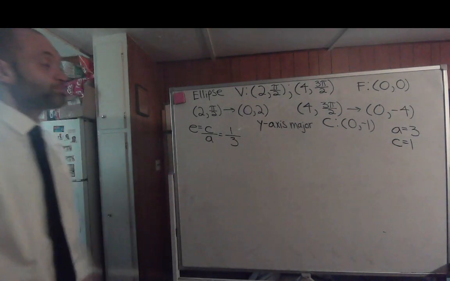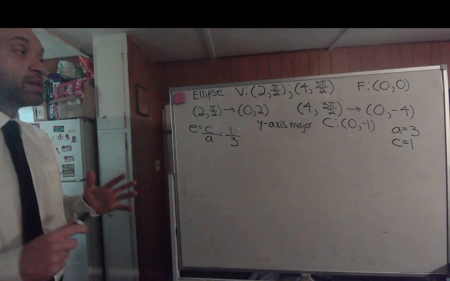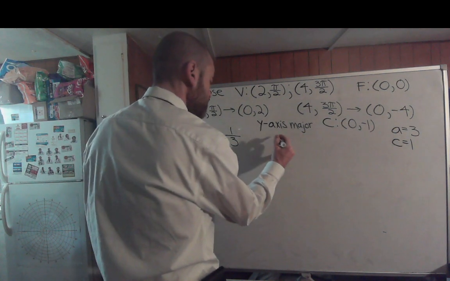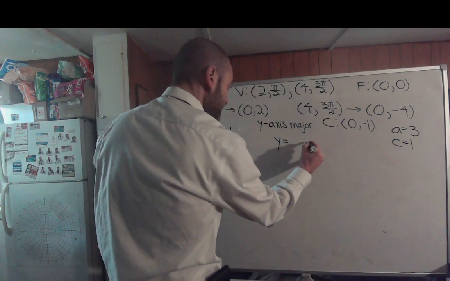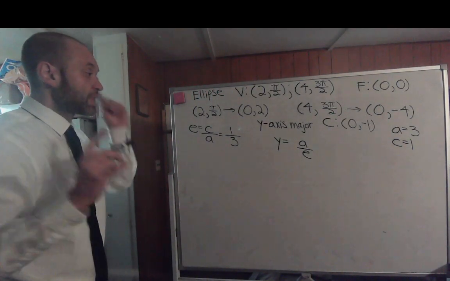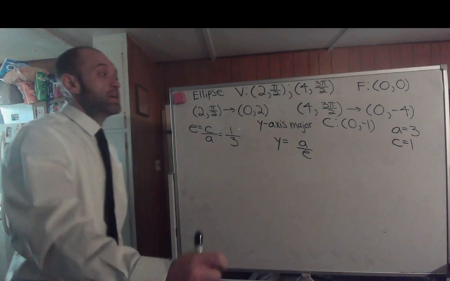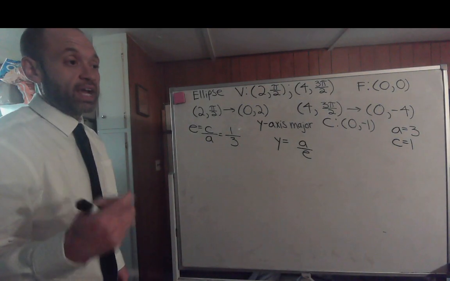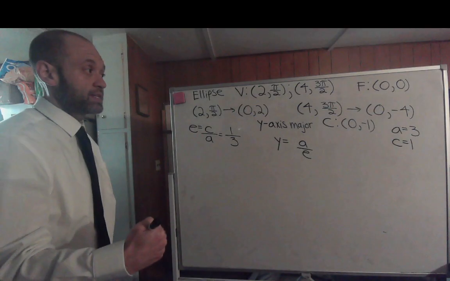Alright, now we need to find the directrix. We know the y-axis is the major axis, so it's going to be in the form y equals, we have an A over E, but here's the thing, is it plus or minus? Again, your vertex is not necessarily halfway, but it's definitely between the directrix and the focus.